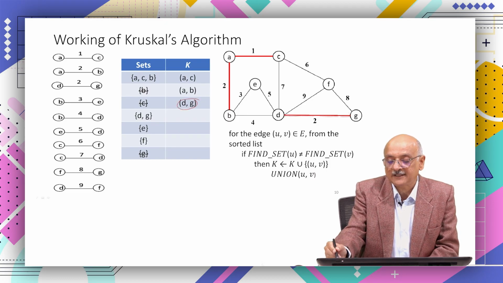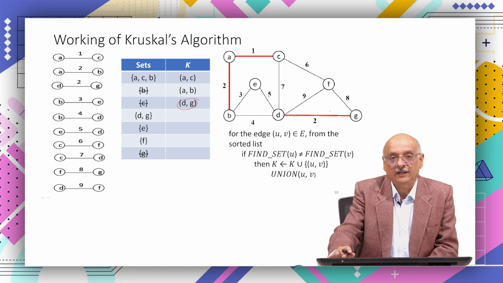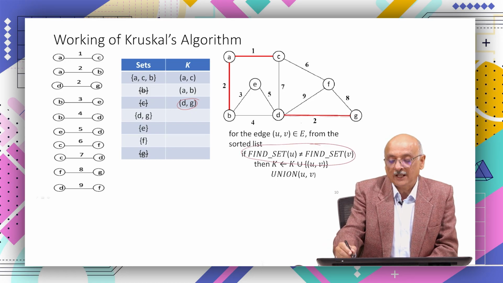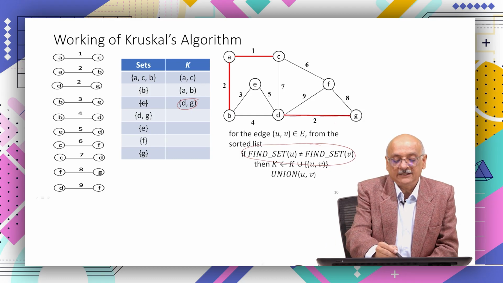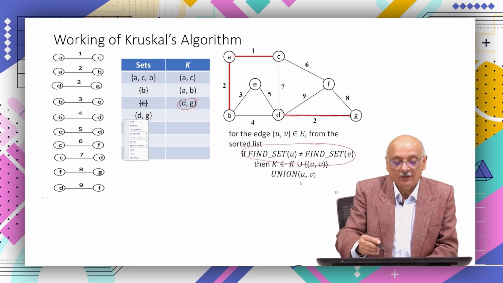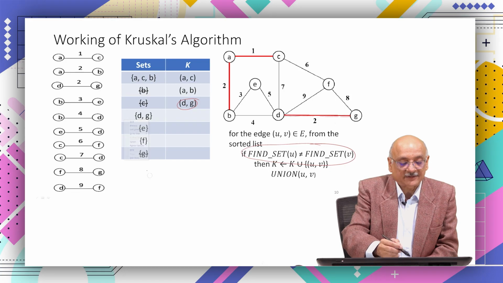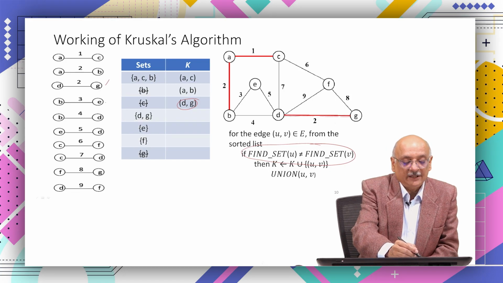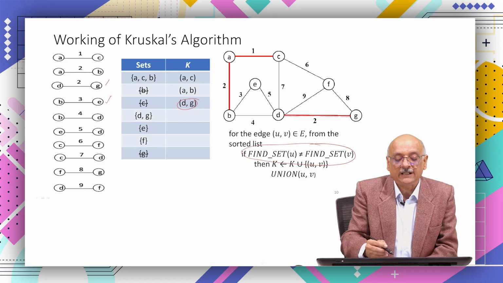Now, this is a separate tree altogether. There are no cycles, right. Cycles are being determined by this particular statement. So you are getting this particular node as a separate node, and DG now has become one particular set. Now, what is next? We have added DG, now we need to add BE.